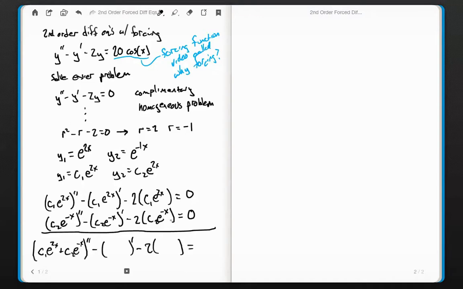Well, what's that going to equal? This equals 0 by itself, this equals 0 by itself. So if you were to go through and crank it all out, you'd wind up looking exactly like these two separately. Well, that's going to equal 0 too, right?